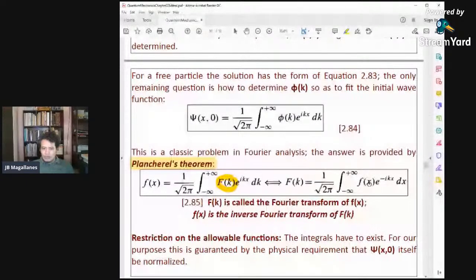If you know this integral, or if you know this function, you'll be able to get f of x here, so that you'll have information about this function.